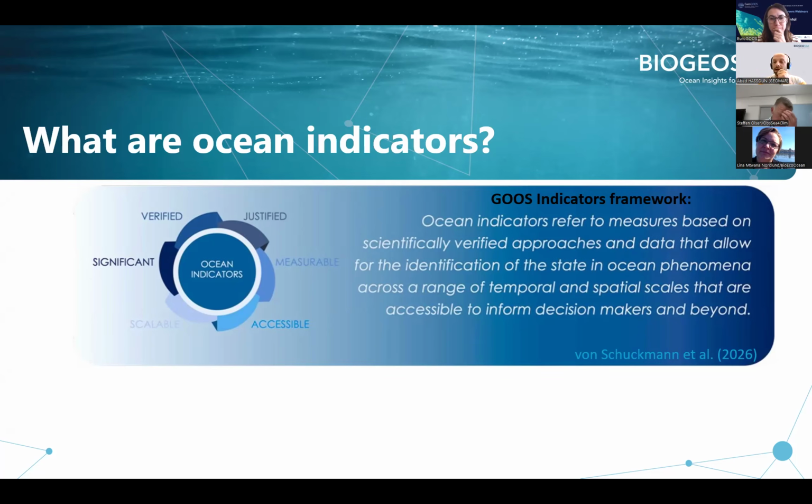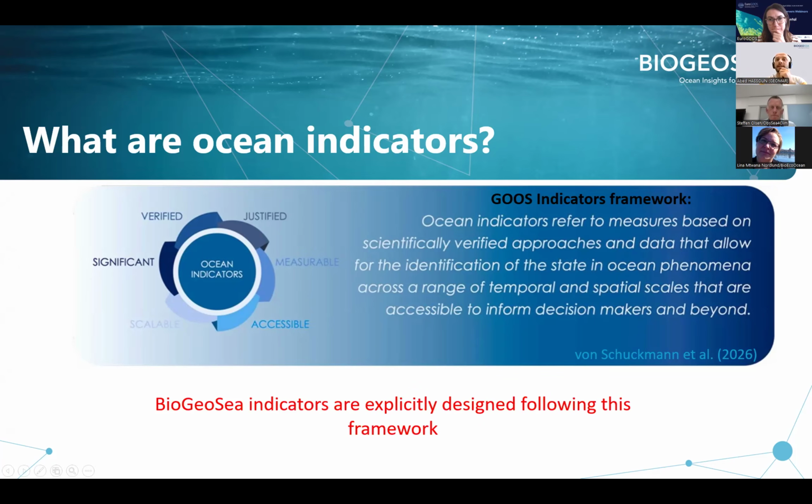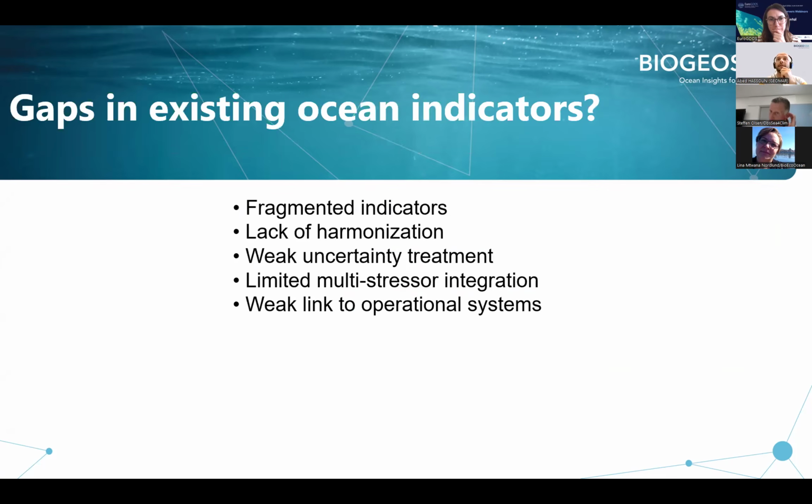They should be justified, so relevant to inform and support decision making. They should be measurable, determined where relevant via one or more essential ocean variable, essential climate variable, or essential biological variable, and they should be accessible. So that's it. And BioGOC indicators are explicitly designed following this framework.